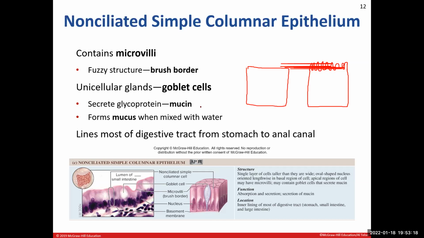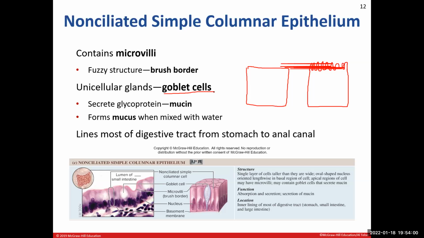And in this epithelium, we've stuck in these specialized cells called goblet cells. And we refer to them as a unicellular gland. What that means is that these cells are glands in themselves. They're a single cell that have glandular properties. So they're going to make and secrete stuff. And what they make is a glycoprotein called mucin. And so mucin, when we mix it with water, creates that mucus. So a lot of you might be experiencing an increased amount of mucus if you get a cold or around the wintry months, or if you have allergies.